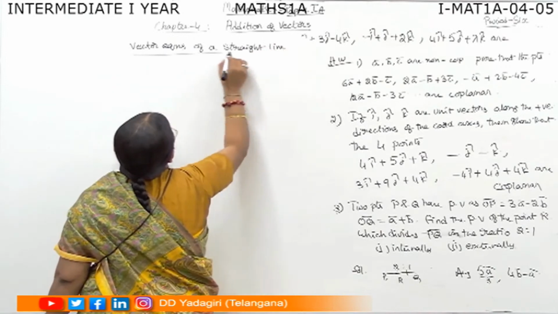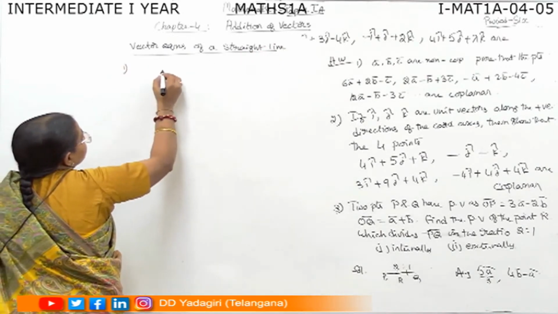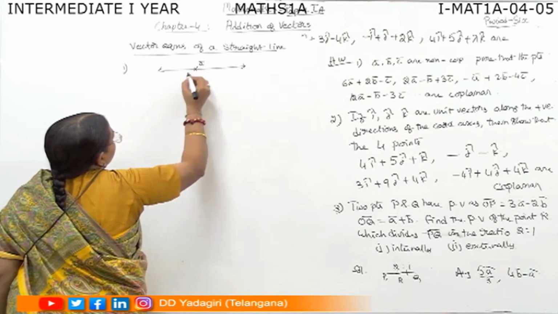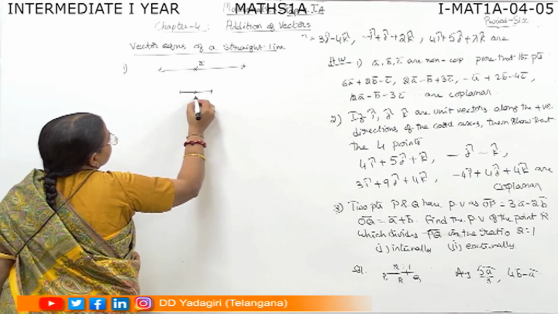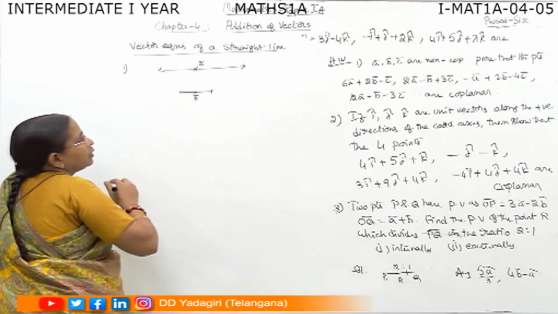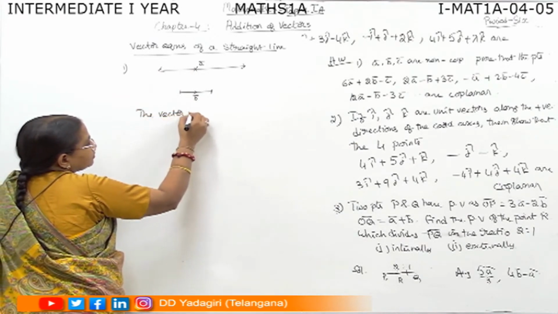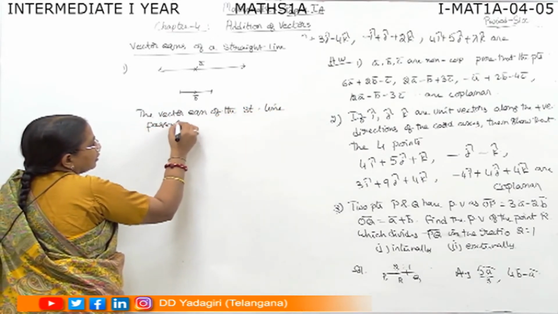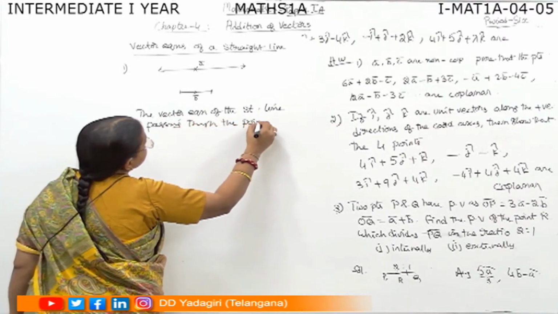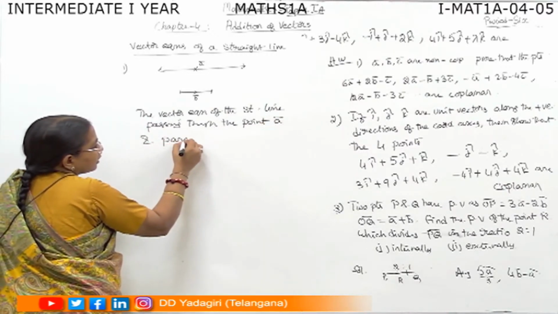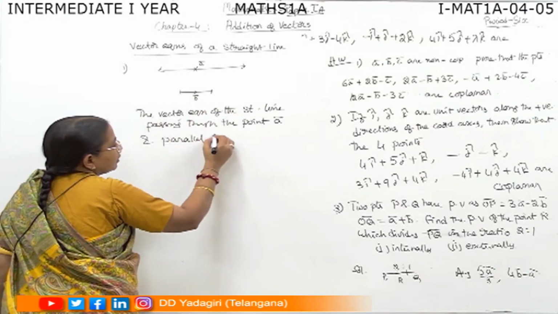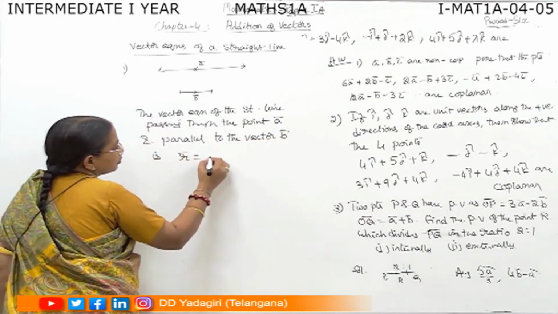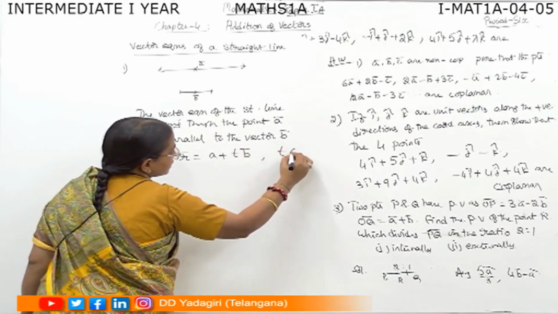In this we have two equations. First, suppose the straight line is passing through a point A and is parallel to some vector b, which can be in any direction. Then the vector equation of the straight line passing through the point A and parallel to the vector b is r equal to a plus tb, where t is a scalar, a real number.